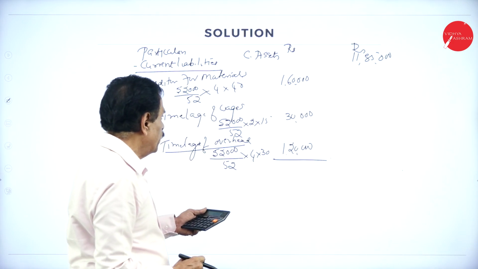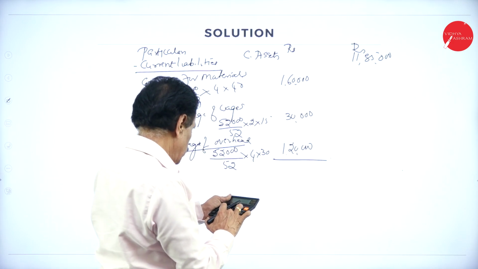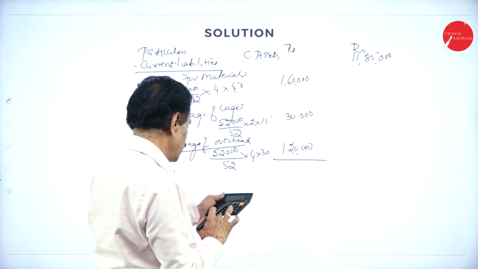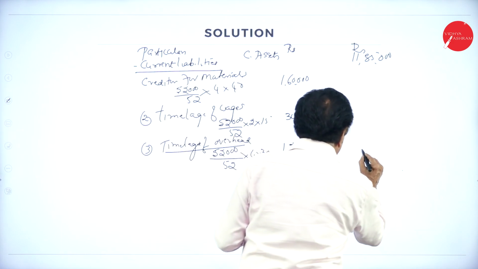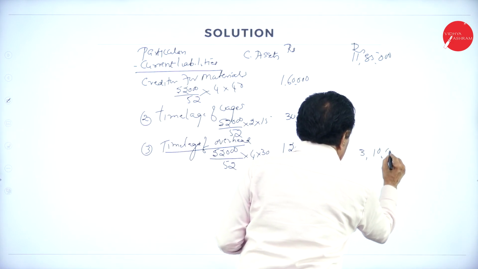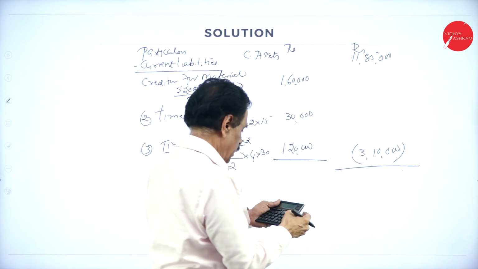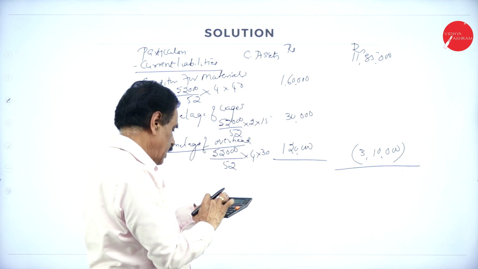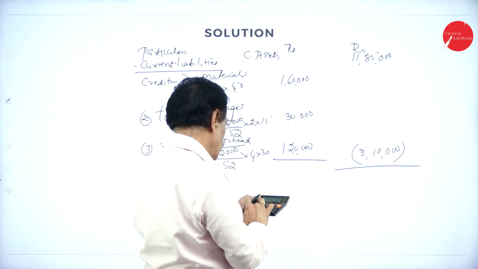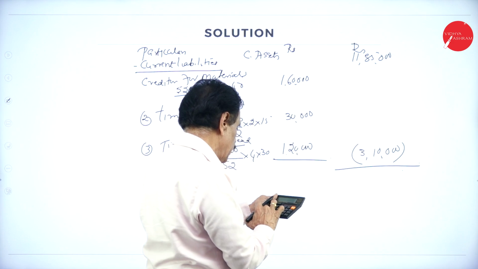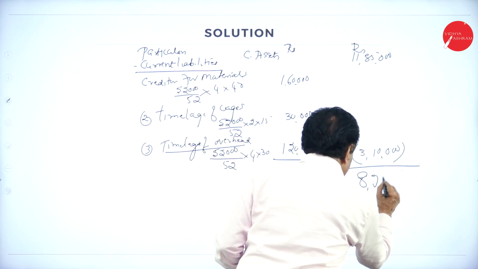Add 1,20,000 plus 30,000 plus 1,60,000, which is 3,10,000. Deduct: 11,85,000 minus 3,10,000 is 8,75,000.